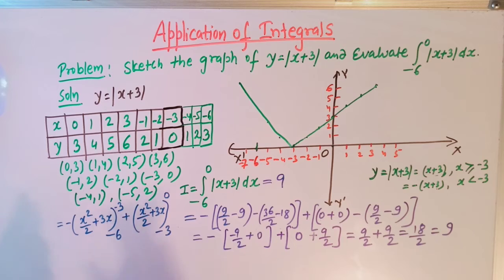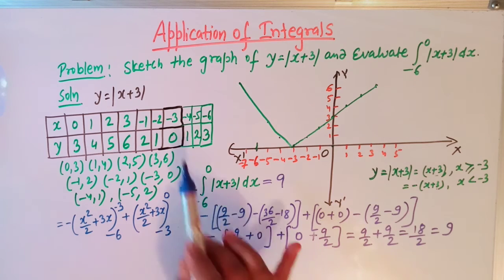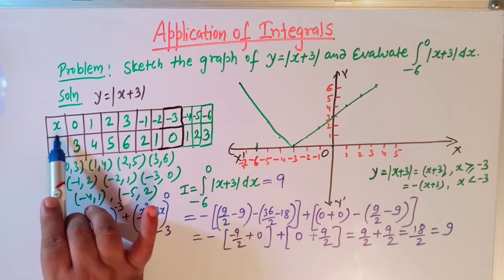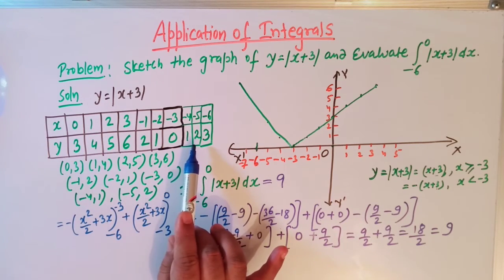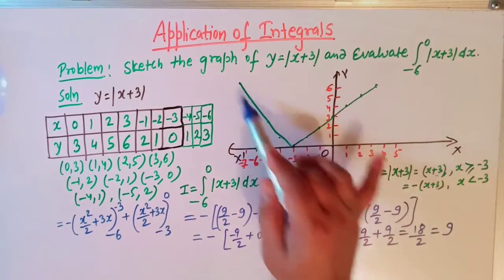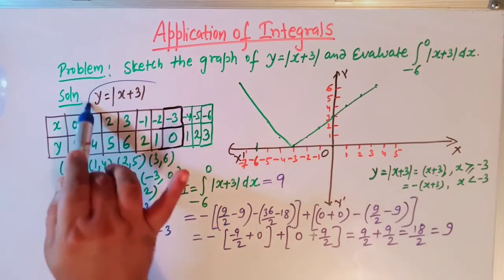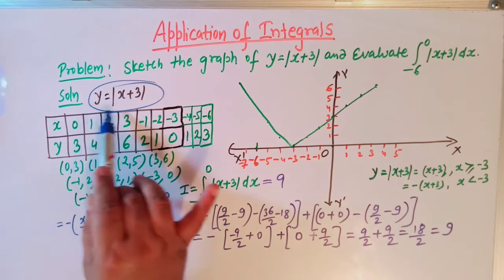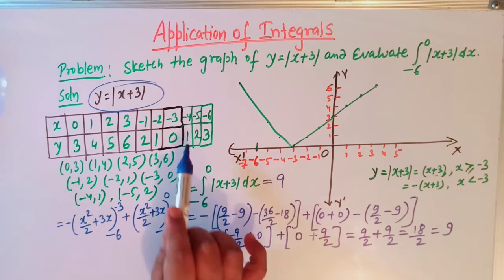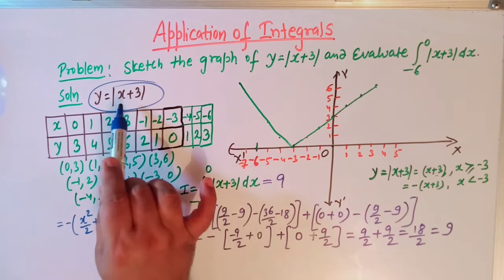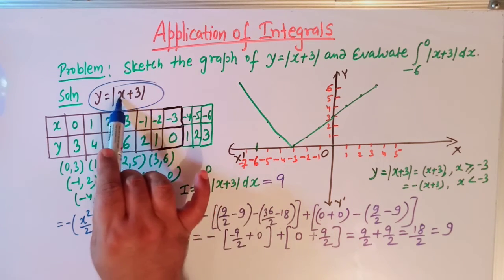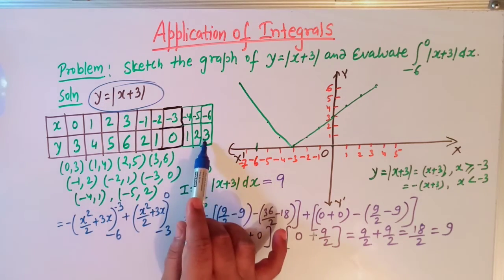Now viewers, the question is complete, but here I would like to tell you some interesting things. See, here we have substituted all these values of x, and we get the corresponding values of y, and we have plotted the graph of this function y is equal to mod of x plus 3. When we have x equal to minus 6, we have minus 6 plus 3 is minus 3, so mod of minus 3 is plus 3.